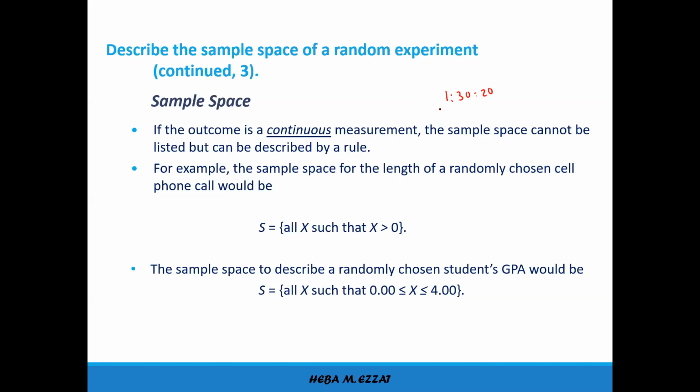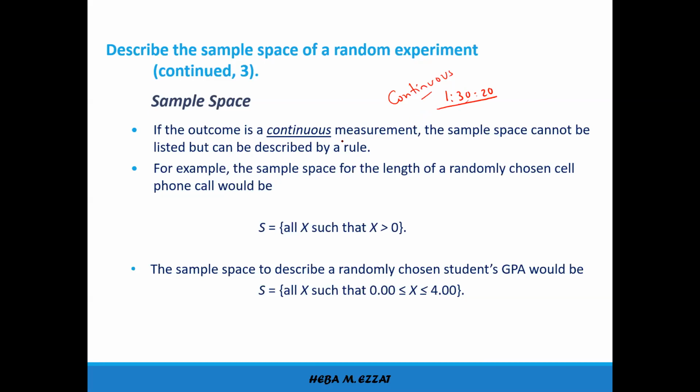So it's not discrete, it's continuous. The difference between discrete and continuous: discrete values are whole numbers with no decimals or fractions, but continuous values have fractions or decimals.